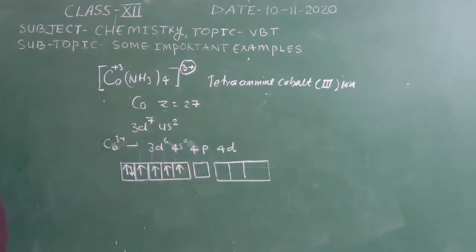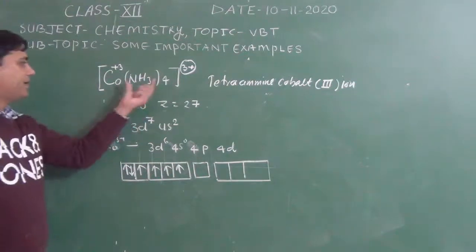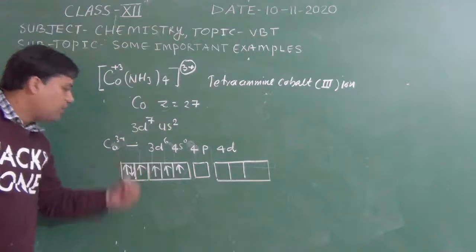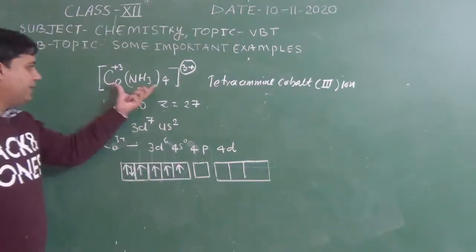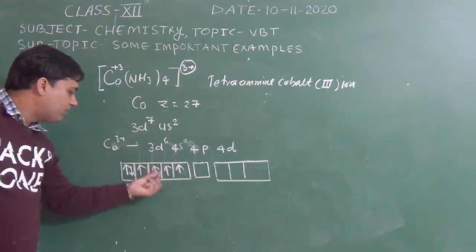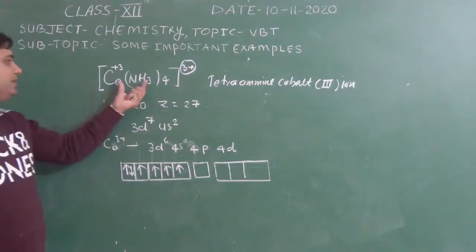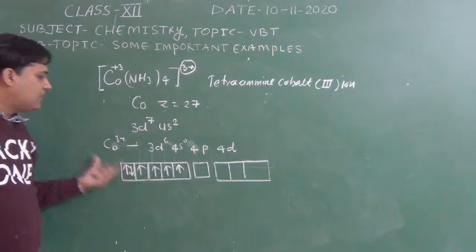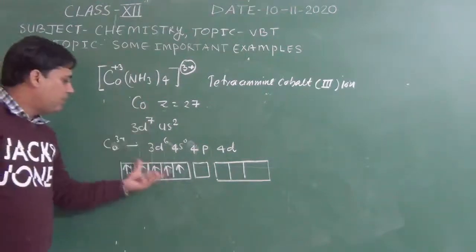Okay, ammonia is a ligand which can pair the electrons in particular orbitals. So it has a tendency to pair the electrons in particular orbitals because it is a type of ligand which acts in this way.